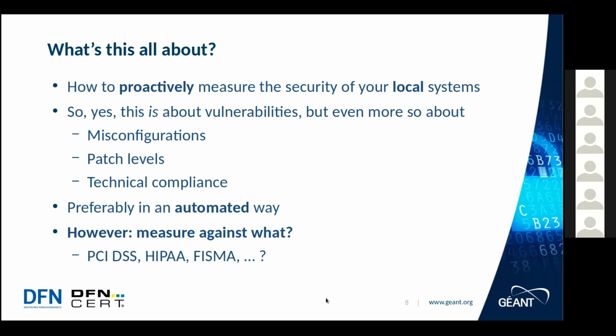So there's quite a few standards or requirements documents, compliance documents out there, from especially organizations like PCI, the Payment Card Industry Standard, the Health Insurance, blah, blah, blah Act. They all have lots and lots of documents which state, yes, you have to have patch management, you have to have vulnerability management and things like that. But how do we measure our local systems against those documents? That's a hard part, and that's what today's talk will be about. And I hope you will learn how to do this in your organization.